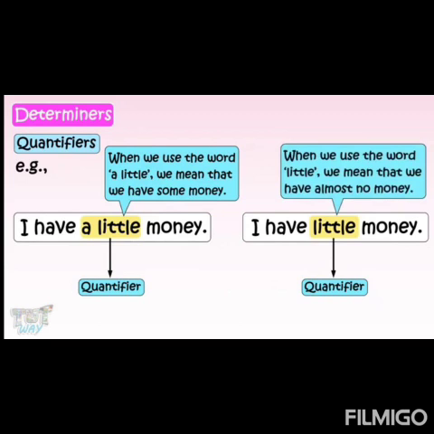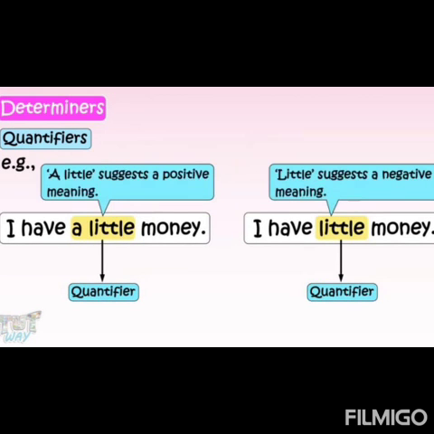But in the sentence where we are using only the word little, we mean that we have almost no money. We are lacking something. A little suggests a positive meaning, whereas little suggests a negative meaning. So this is the difference between little and a little.